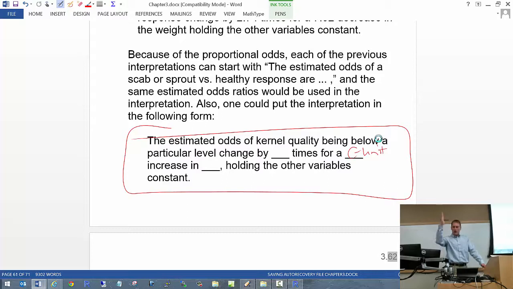And so you could draw the line just at scab versus sprout and healthy, or you could draw the line at scab and sprout versus healthy. And when you have an ordinal response like this, it makes sense to do that, because we have the ordering in the categories. You want to know, maybe what's the probability of being 2 or less, essentially.